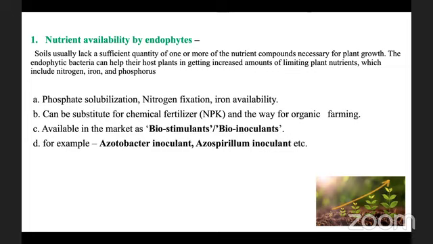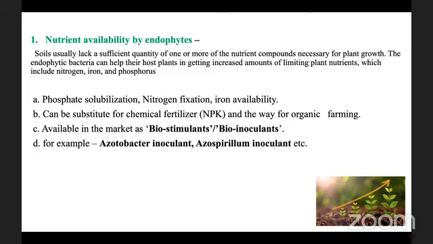Similarly, plants are not able to synthesize all the nutrients simultaneously. They cannot be easily taken up by the plant roots, so we have to give them as an available source of nutrients, so the plant can easily take them up.